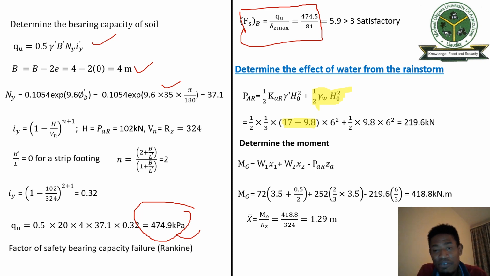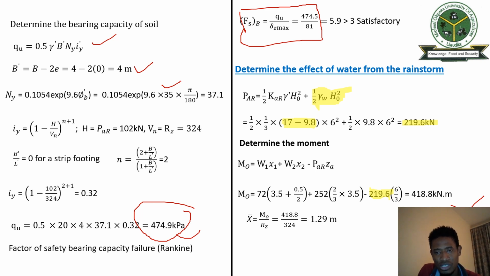Now this is the same formula that we used before, but the only difference is that we have now changed the value of the lateral earth force. We've changed it to this parameter, because this is now the new lateral earth force. With this, you can easily go and calculate your value, because this is the same thing we did in the last one.